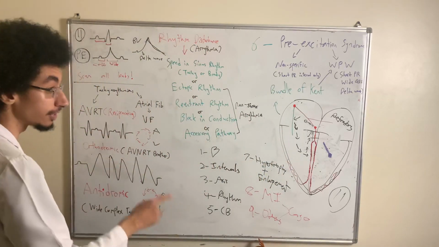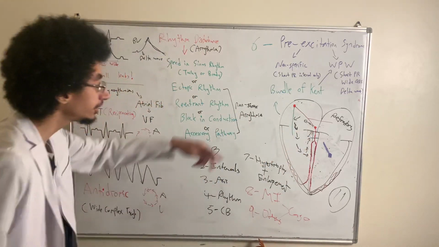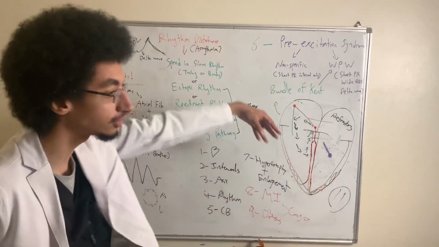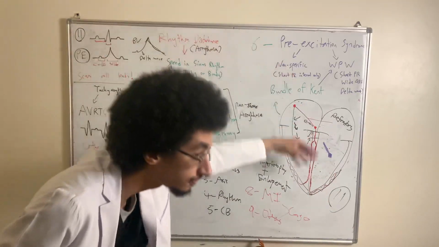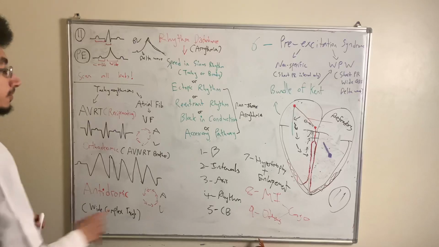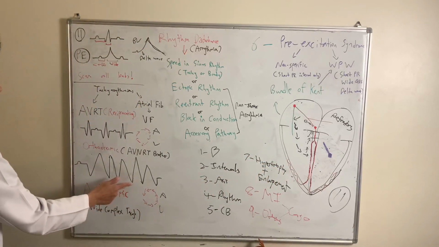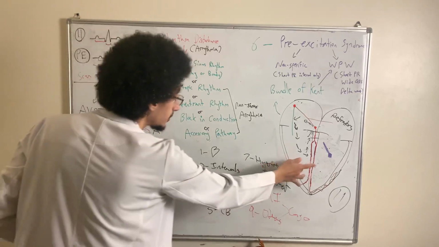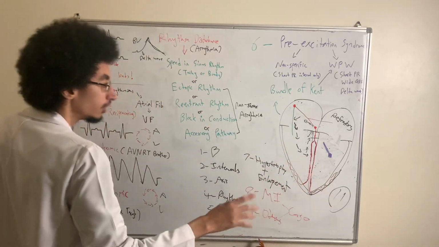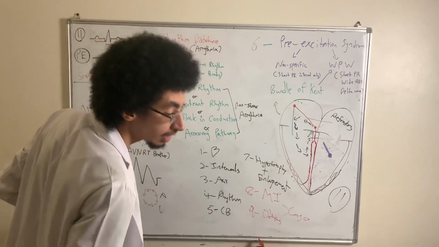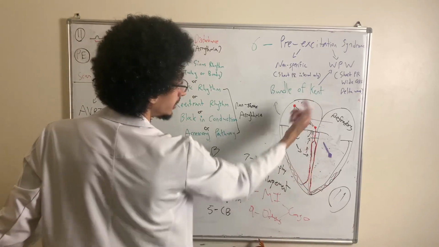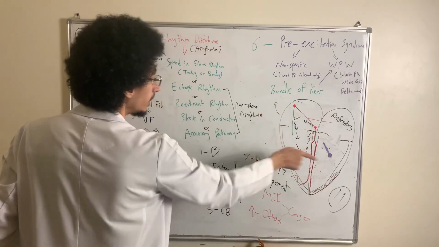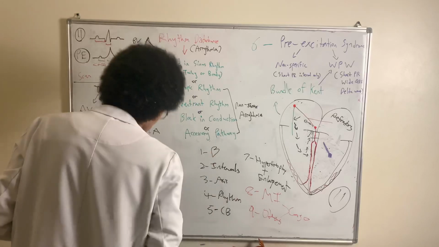So, we have a wide complex tachycardia as a result of this wave of depolarization. Instead of it coming from the AV node and depolarizing the left and the right ventricle the normal, efficient way, the wave of depolarization, in the case of this one, will depolarize it the opposite, inefficient way, away from leg 2 and retrograde, backwards towards the AV node, and form a reciprocating loop.